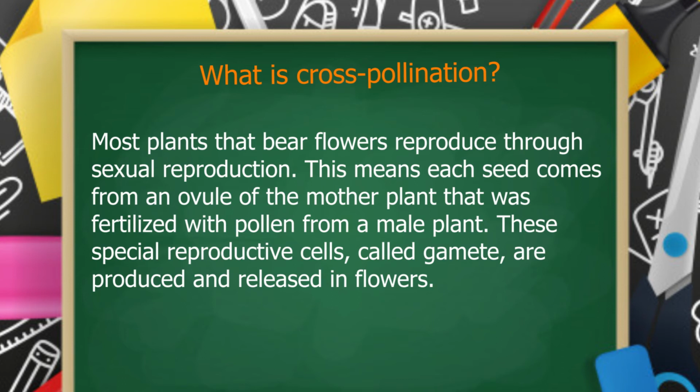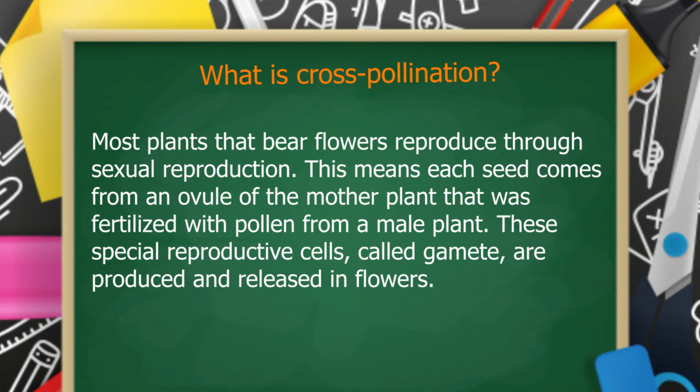Most plants that bear flowers reproduce through sexual reproduction. This means each seed comes from an ovule of that mother plant that was fertilized with pollen from the male plant.